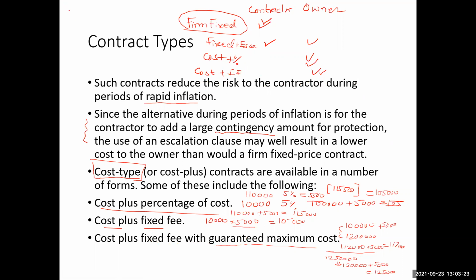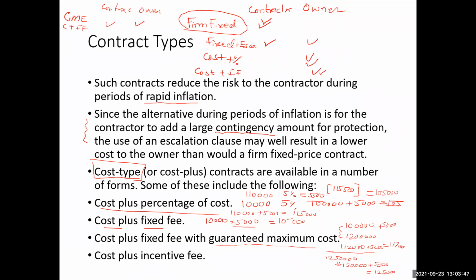In the GMP, the contractor and the owner share the risk. So the contractor may take this much, the owner may take this much. They will share the risk.